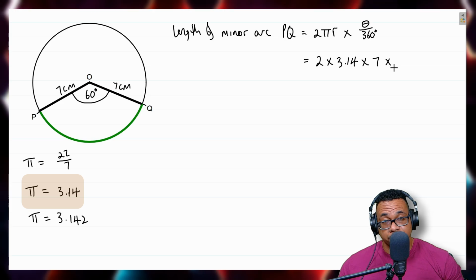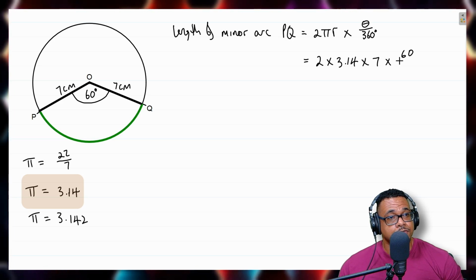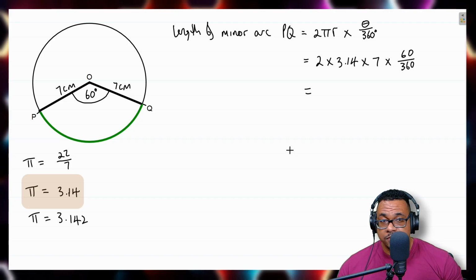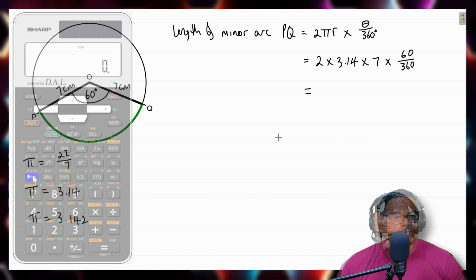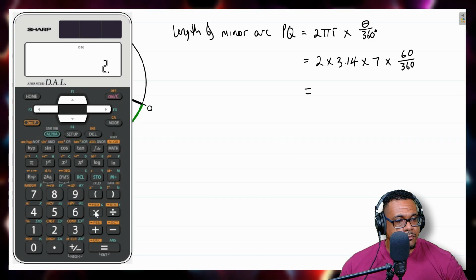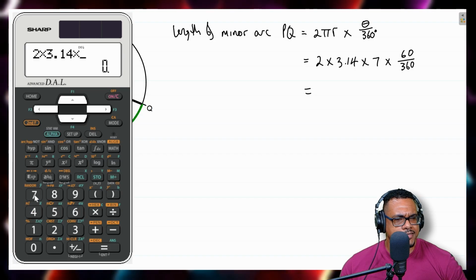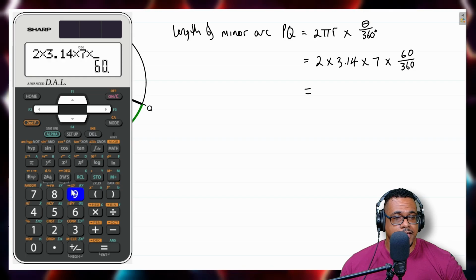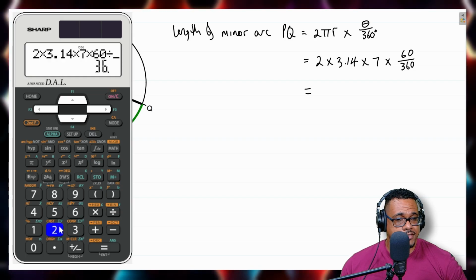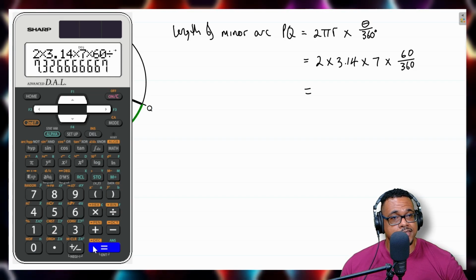Multiply by theta over 360. So that's 60 over 360. And you're going to do this entire thing on the calculator. So you're going to press 2 multiply by 3.14 multiply by 7 multiply by 60, divided by 360.